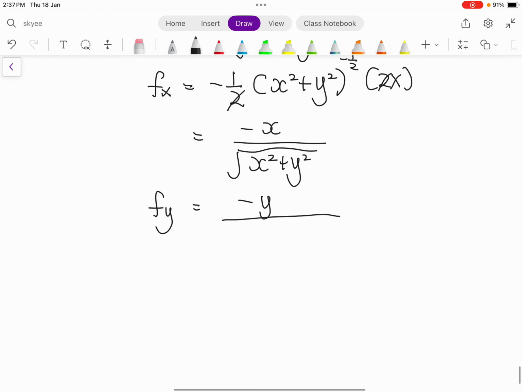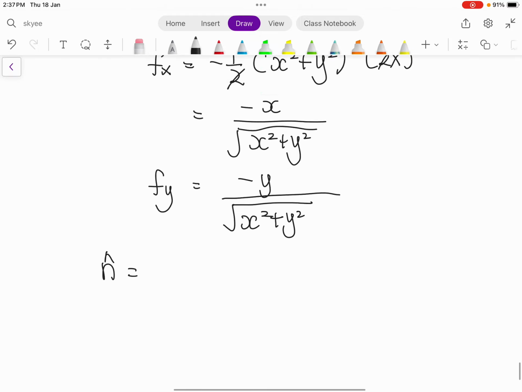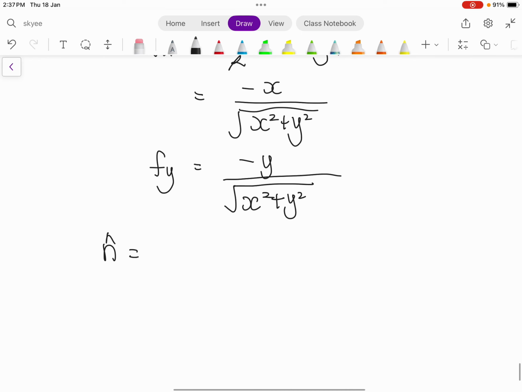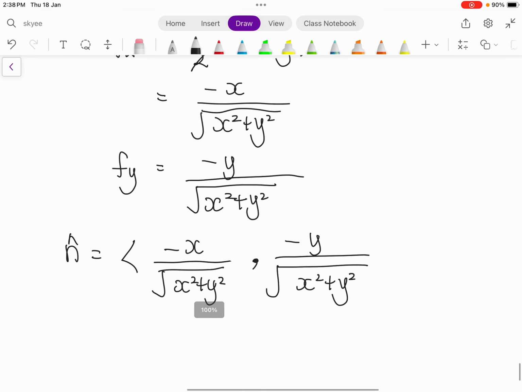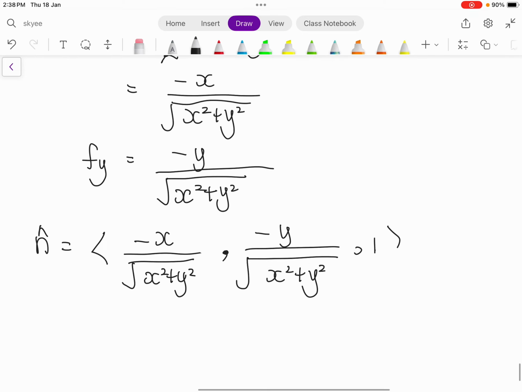So the n will be negative x over the square root of x squared plus y squared, negative y over the square root of x squared plus y squared, and 1.